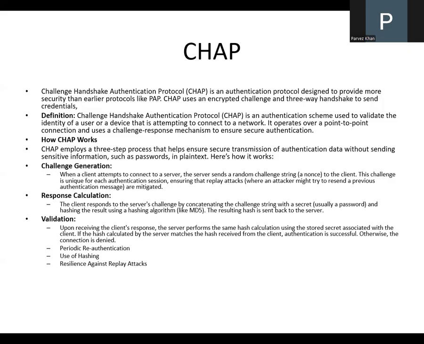Based on the hashing algorithm, the server verifies against the hash on the server itself, authenticates, and allows the client to access the server. This is how CHAP authentication works. It's a three-way authentication with a hashing algorithm.